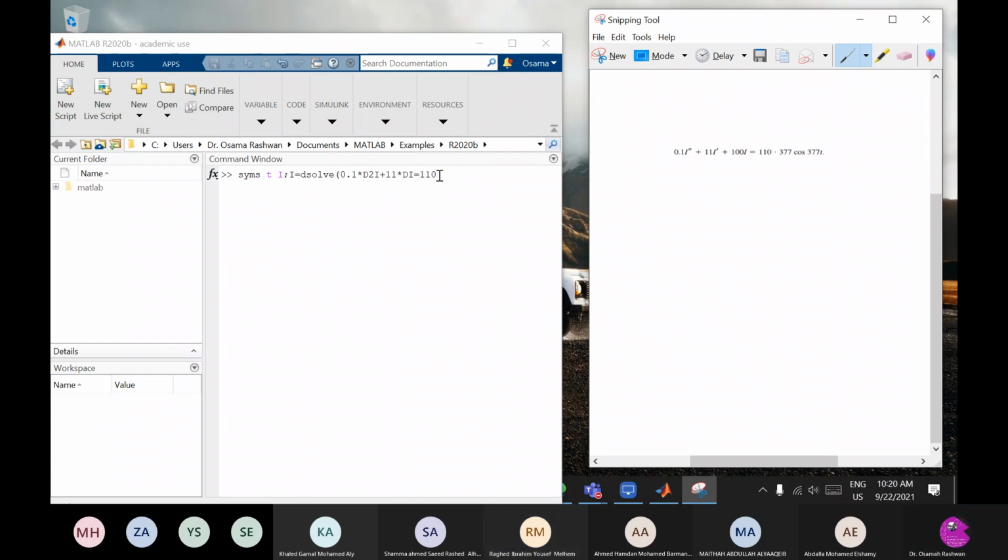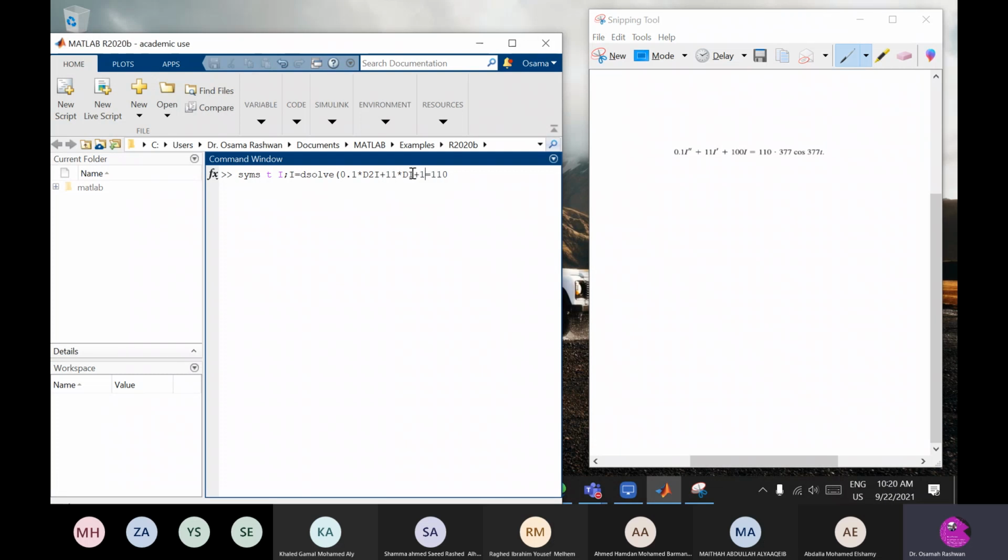So here plus 100 star I, excellent, equal to 110 plus 377 star cosine, open bracket, 377 star T. Finish. Is it correct now?